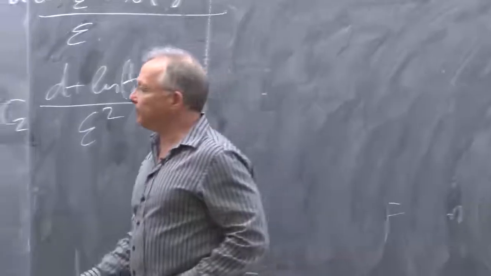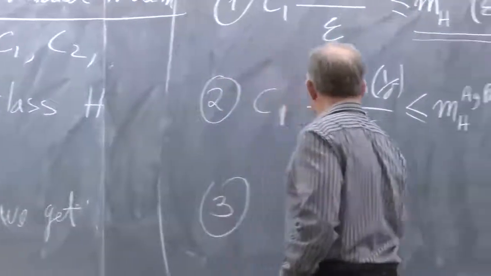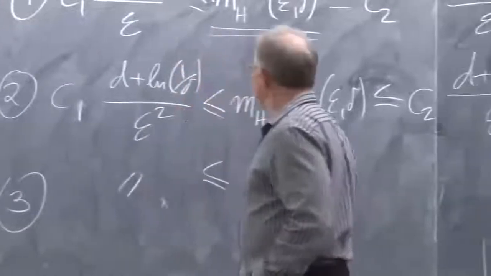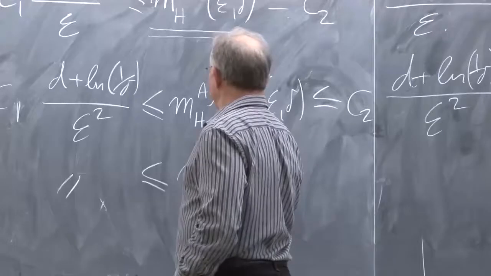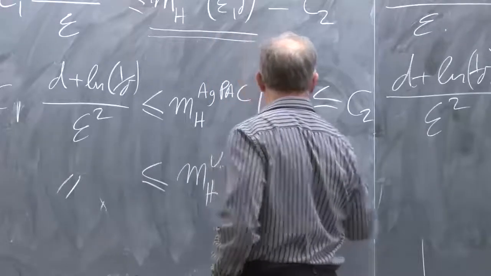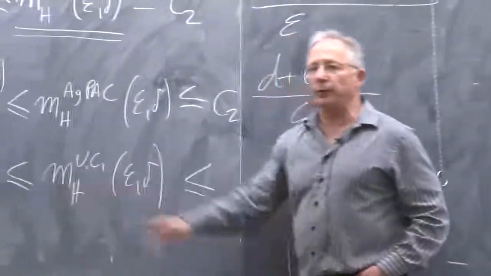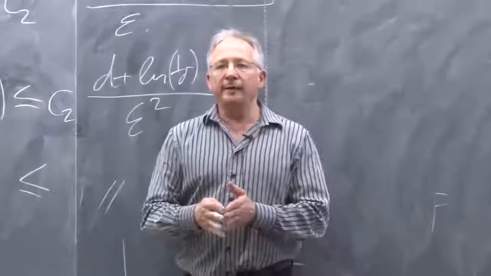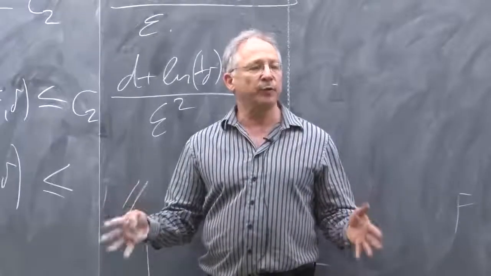And we have exactly a similar bound for the MH of uniform convergence, epsilon delta. Just to remind you, the M of uniform convergence means what size of sample I need to guarantee that the sample is epsilon representative.